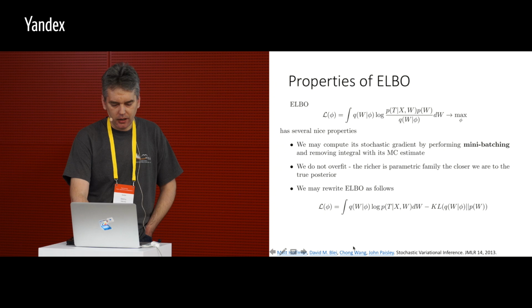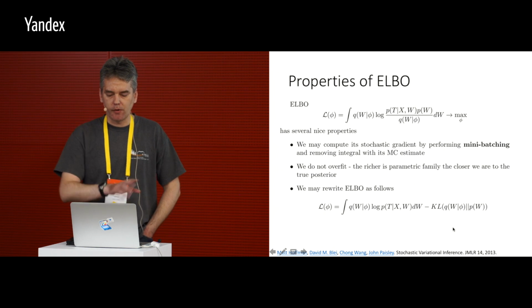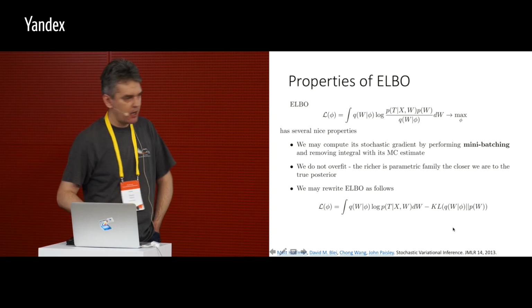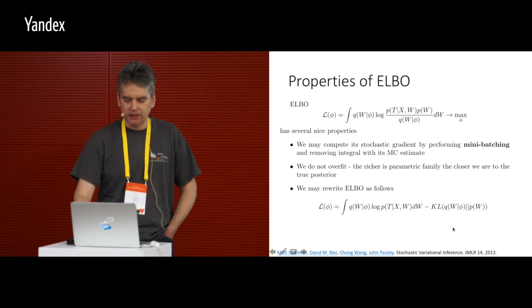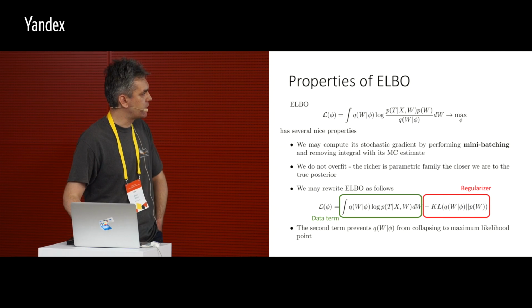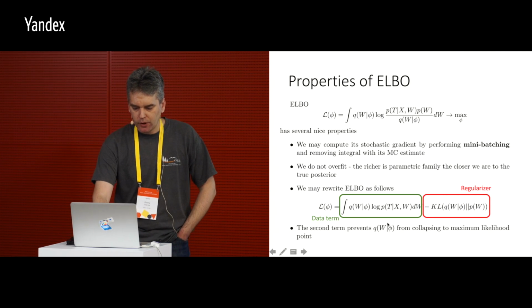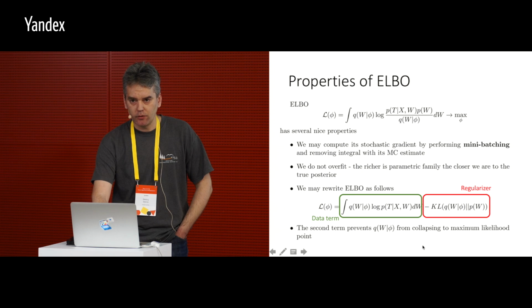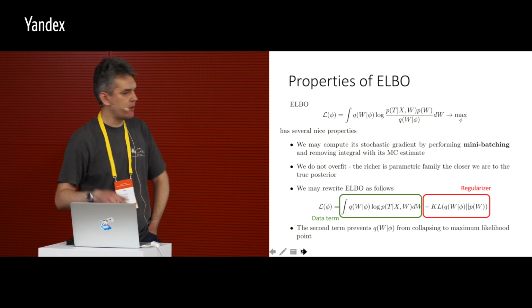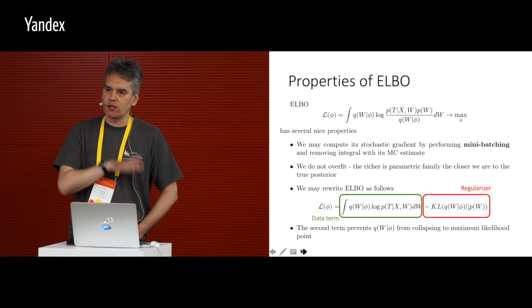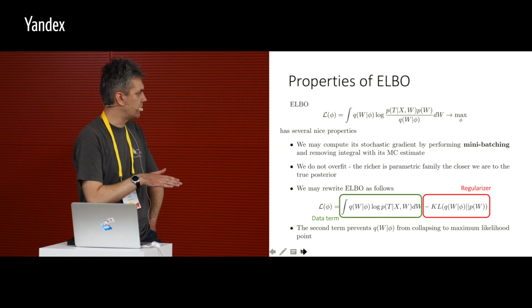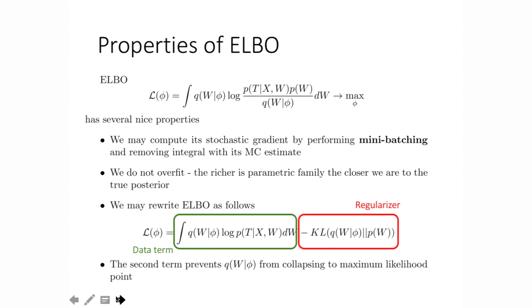And finally, we may rewrite ELBO as follows. We may split it into two terms, and we may interpret the first term as a data term, and the second term as a regularizer. If we forget about the second term and try to find the optimal Q by optimizing just the first term, we may easily see that the optimal Q is just a delta function at the maximum likelihood point W_ML.